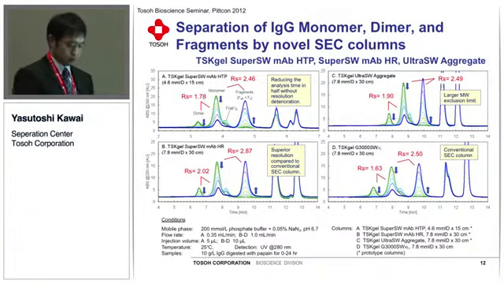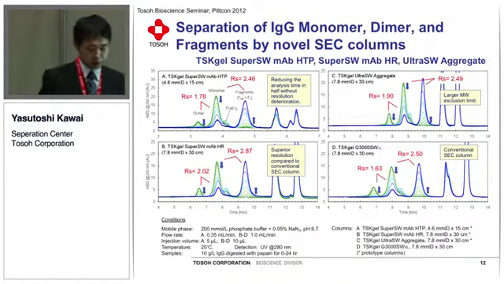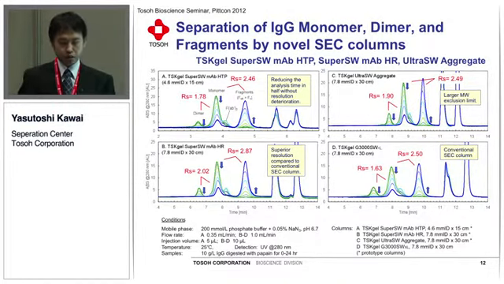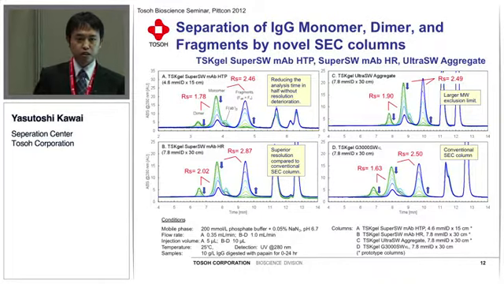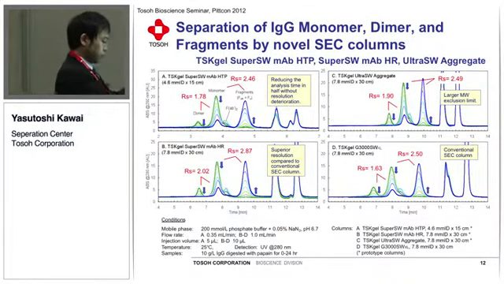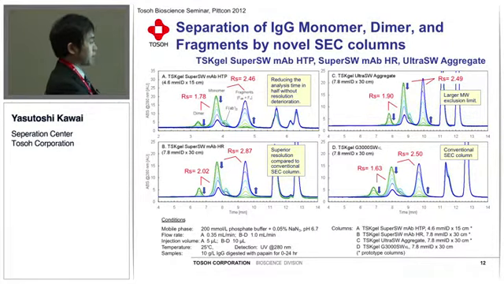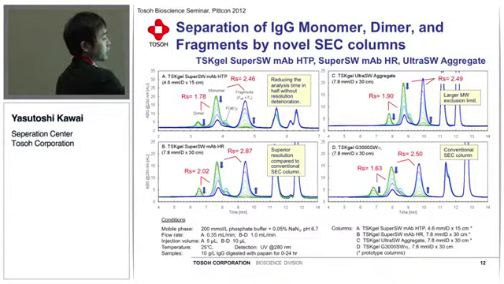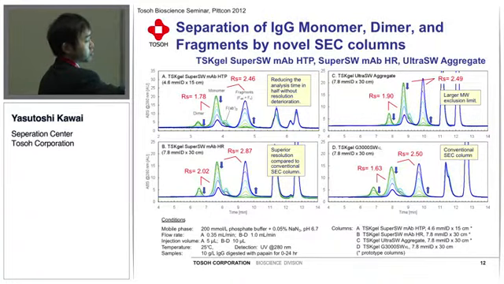Please keep in mind that these columns are prototypes and as yet unreleased. These 4 figures illustrate the separation of papain-digested antibodies analyzed by the 3 novel columns and the conventional column TSKgel G3000 SWXL.